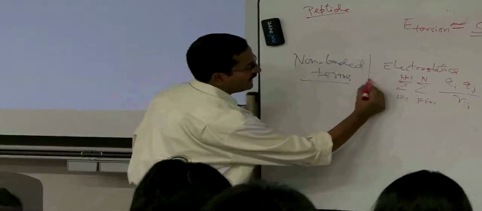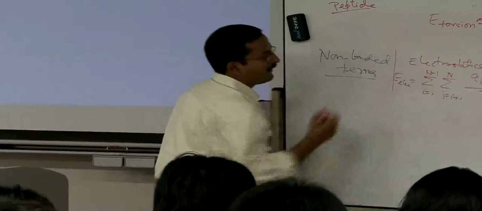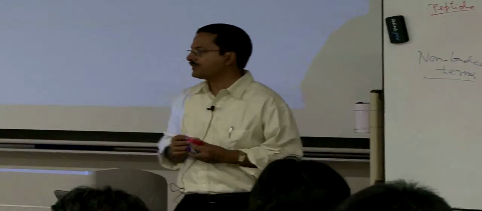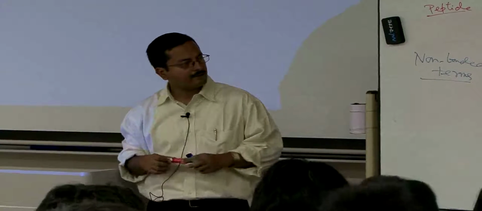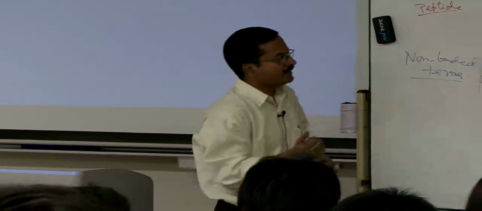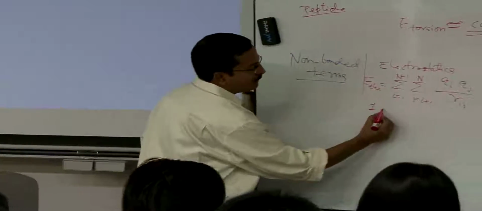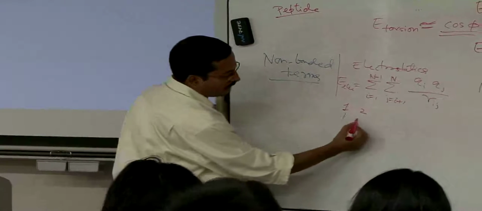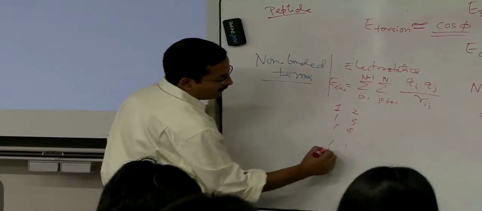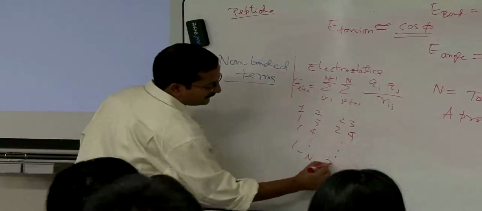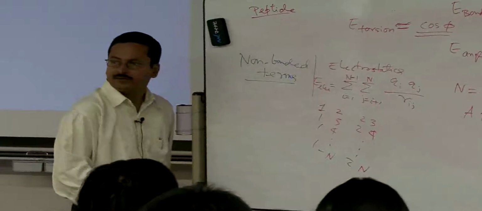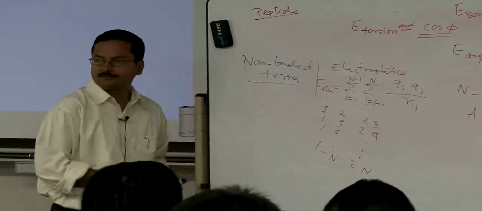So, in this expression, which is E electrostatics, all possible atoms are interacting with each other. Atom number 1 is interacting with atom 2, 1 with 3, 1 with 4, 1 with n, then 2 with 3, 2 with 4, 2 with n, all possible pairs.